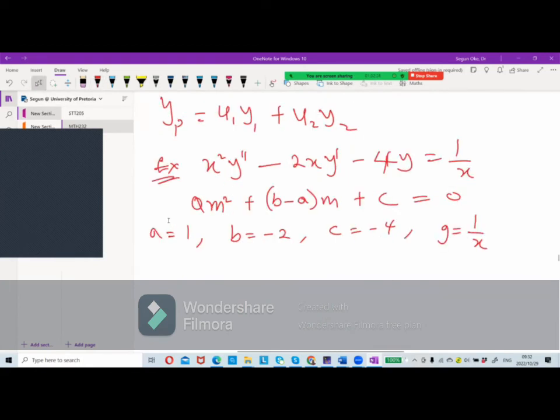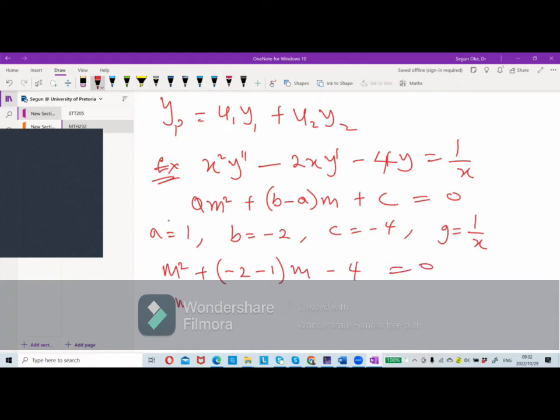So we move on. We substitute our values. What do we have? m squared plus (minus 2 minus 1) m minus 4 equals 0. So you have m squared minus 3m minus 4 equals 0.